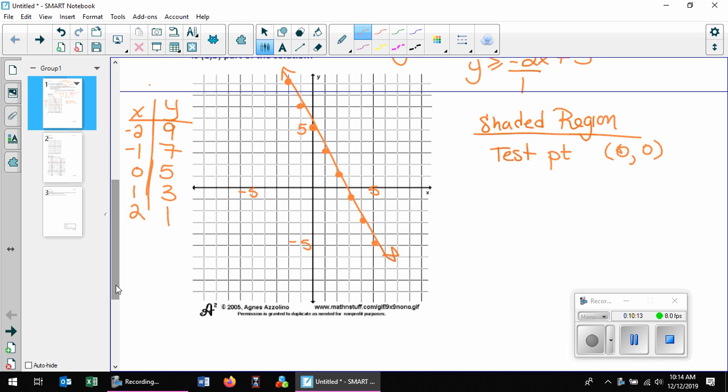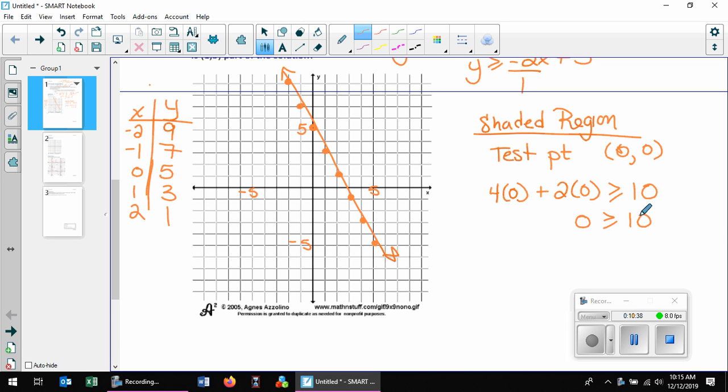So I'm going to pick the test point. I'm going to substitute it into the original, which was 4x plus 2y is greater than or equal to 10. Is that the equation? I can't see it, but yeah. Okay, good. So this is going to be 0 is greater than or equal to 10.